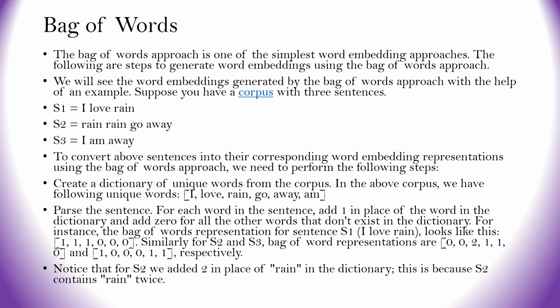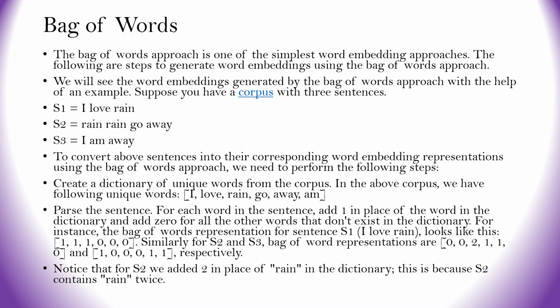So for the given 3 sentences, if we look at the first sentence, I love rain, all the 3 unique words are appearing only once. So the first three words are represented as 111. The last three words are not available in sentence one, so they are represented as 000.